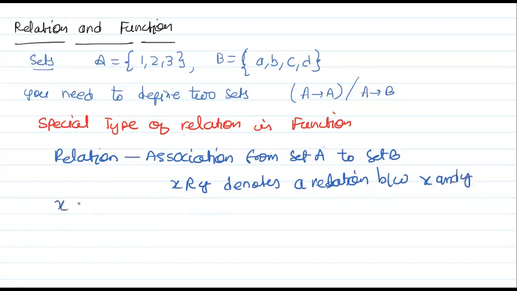X is the element of set A and Y is the element of set B. So there is a relation between elements of set A and set B, and that relation is called R. So there are three things: X, which belongs to A; Y, which belongs to B; and R, which is called the relation.